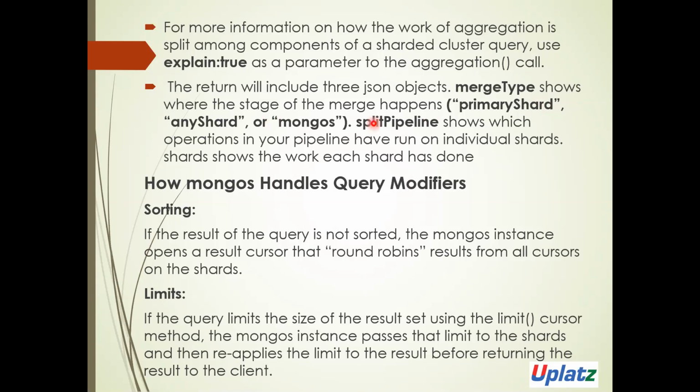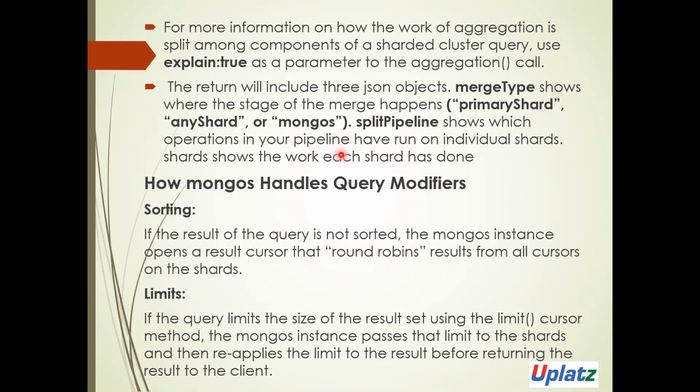The split pipeline will show which operations in our pipeline have been run on the individual shards, or the work each shard has done. This can be done with explain true. We need to pass the parameter to the aggregation call, and then we will get these objects showing where it gets merged and at what point the pipeline gets split and runs on individual shards.